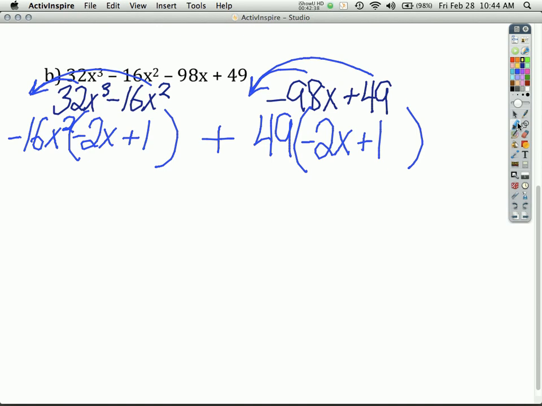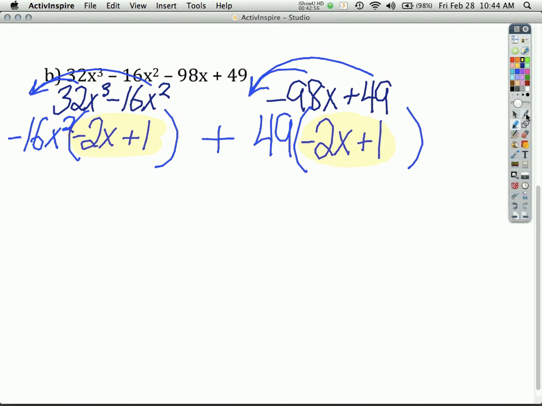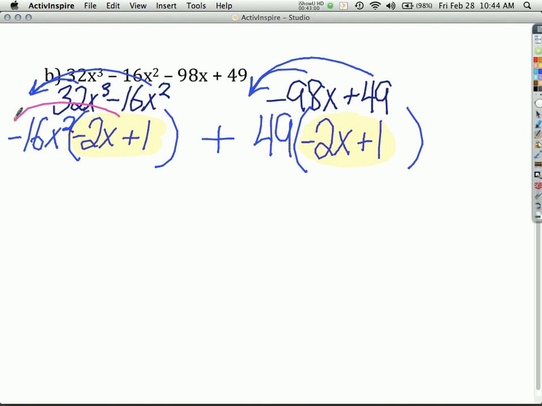Well, think of the word common. Common means the same between both. There's a common factor. Very good. No, that was great. There's a common factor. Negative 2x plus 1. And so now that can be factored out. That can come over here, and so will that.